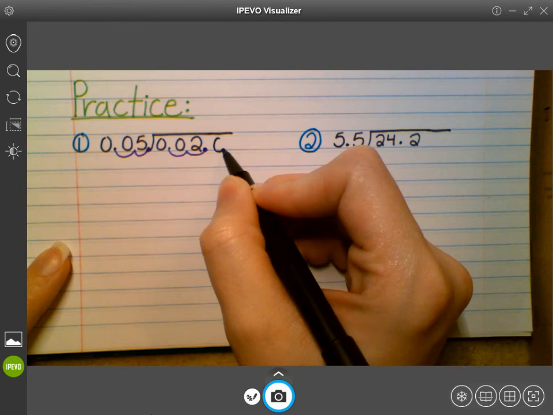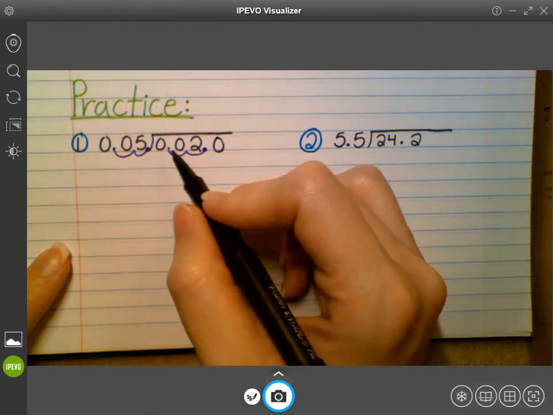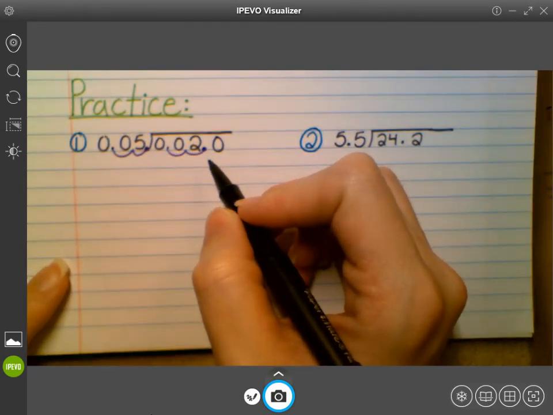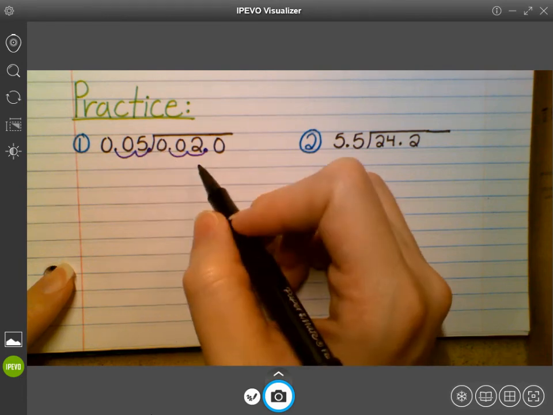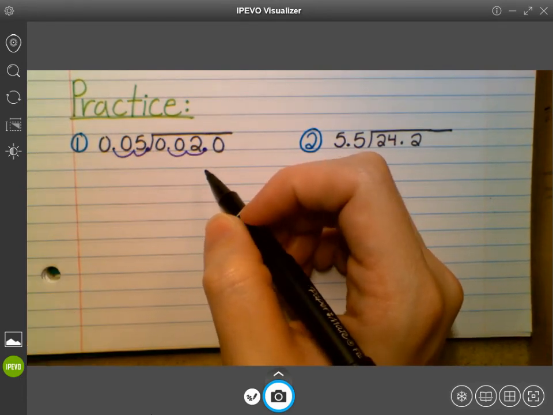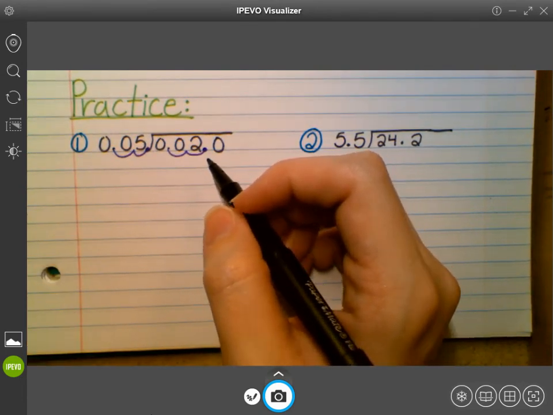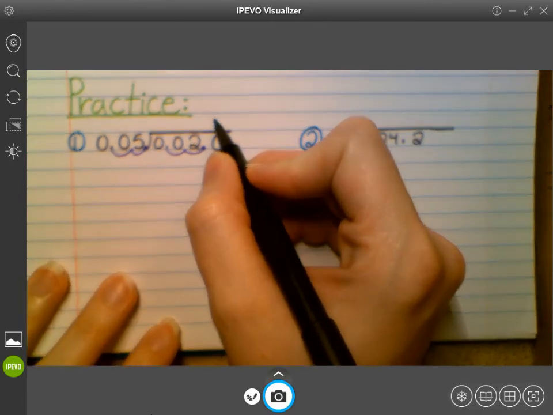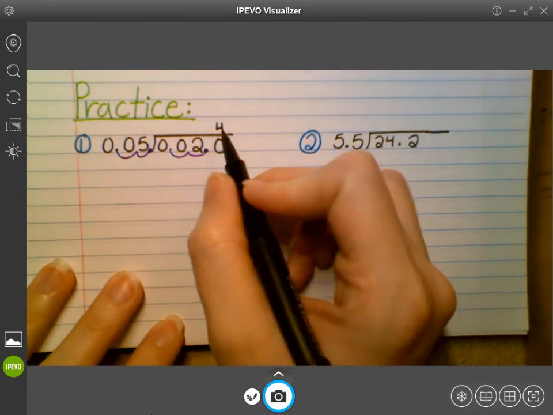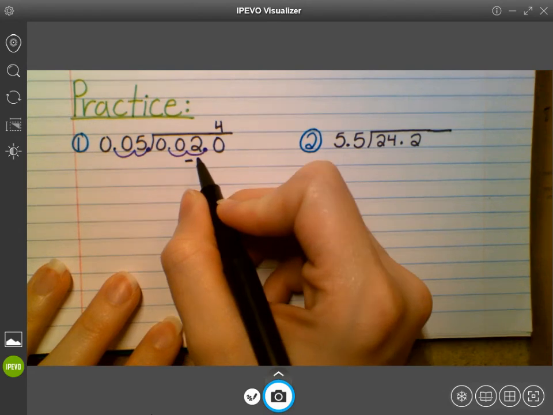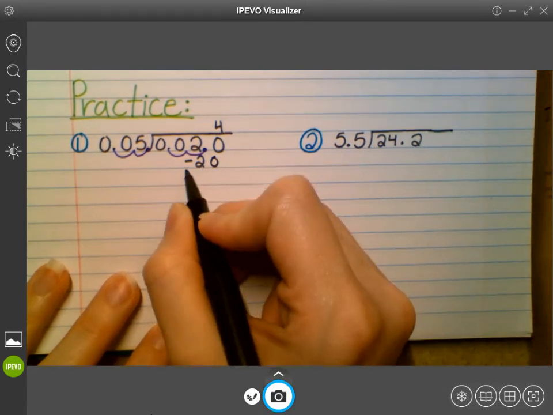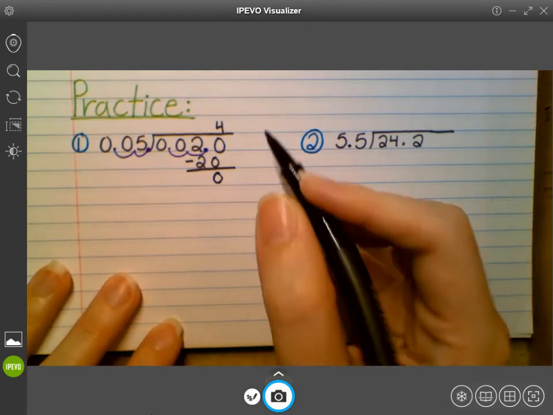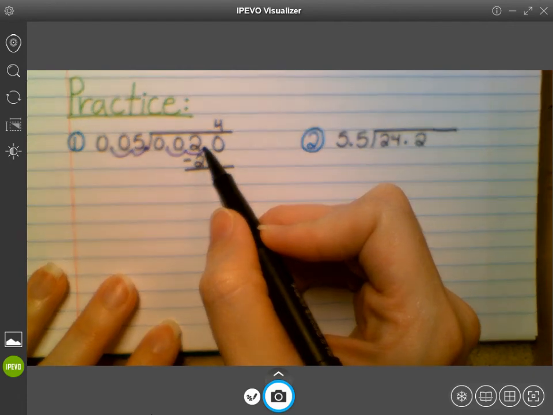Can 5 go into 20? Show me on your hand, how many times does 5 go into 20? It goes in 4 times. So I'm going to put that 4 above the 0. 5 times 4 is 20, so I'm subtracting 20 from 20. I get 0. My decimal for my answer goes straight up.